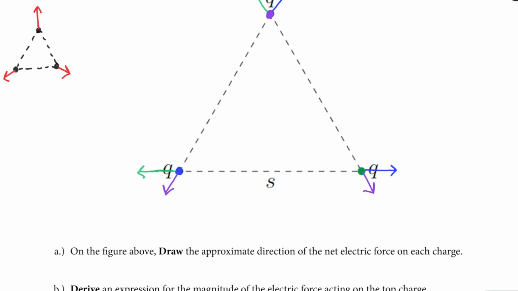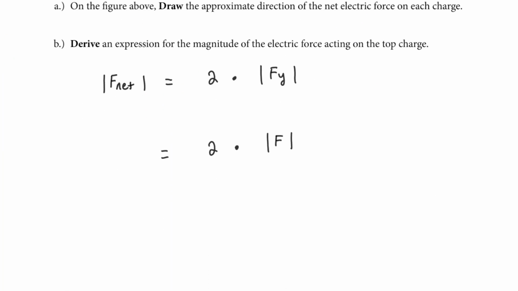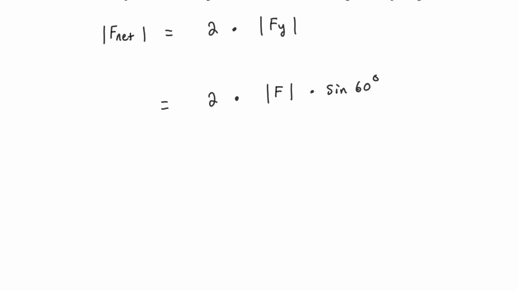This is an equilateral triangle, which is a key to the problem, so all of these angles are 60 degrees, but we're going to look at this one. If I want the vertical piece with this 60-degree angle, that's the opposite leg, so I'm going to tack on a sine of 60 degrees to this expression.